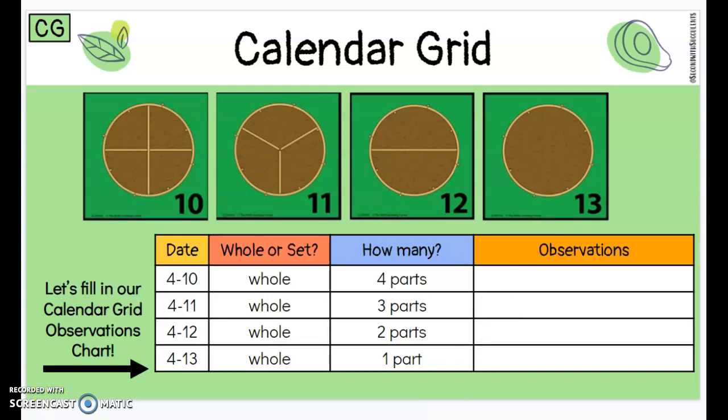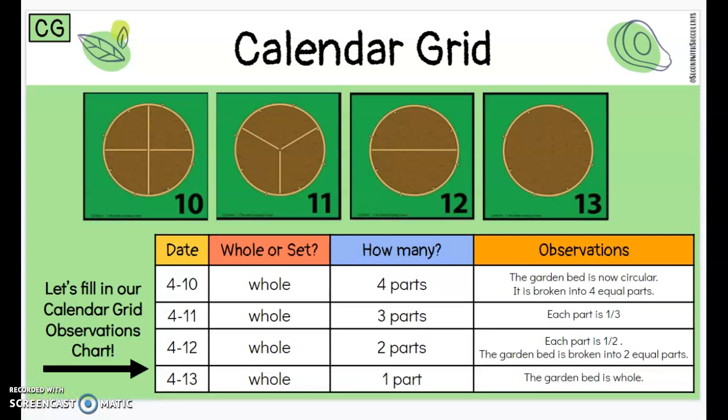Now let's think about some of those observations we had. When we looked at the 10th, we noticed how this garden bed is now circular, unlike in our first set when it was rectangular. We also noticed our 1, 2, 3, 4 parts that the garden bed was broken into.